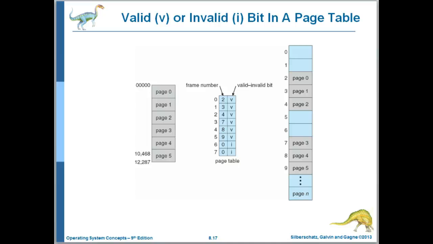So here's a small example. Let's assume that the page number field in a logical address is 3 bits, meaning that the page table would have 8 entries, but we have a process that only needs 6 pages. So the valid bit would be set as shown here.